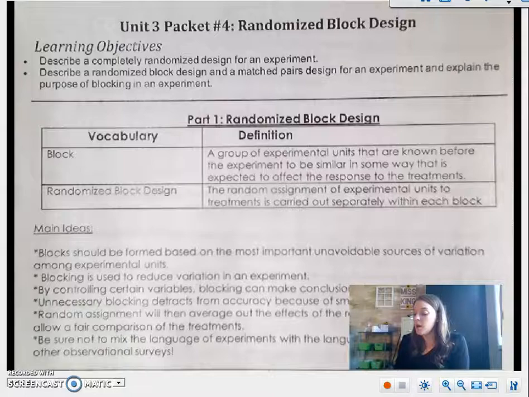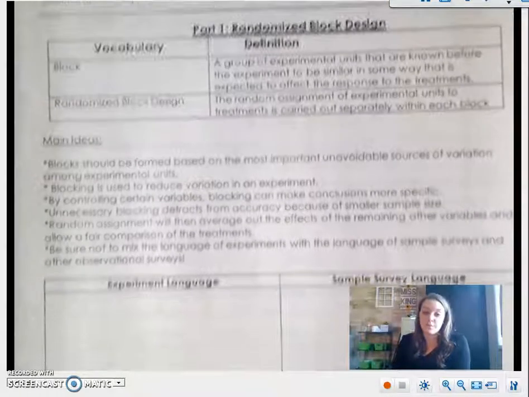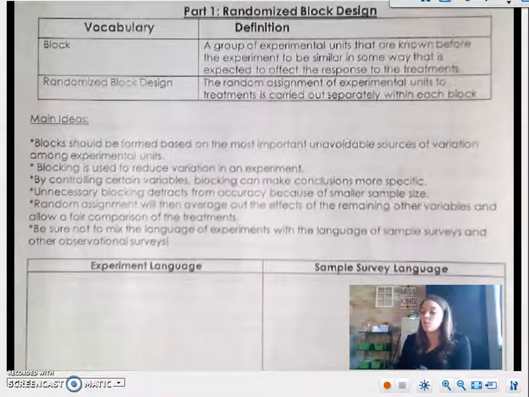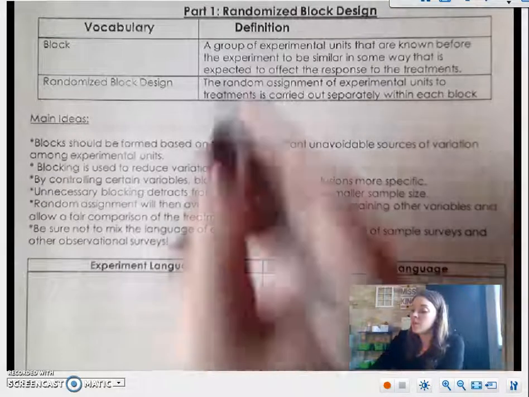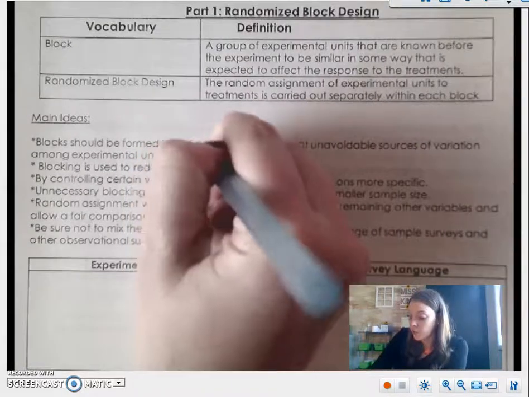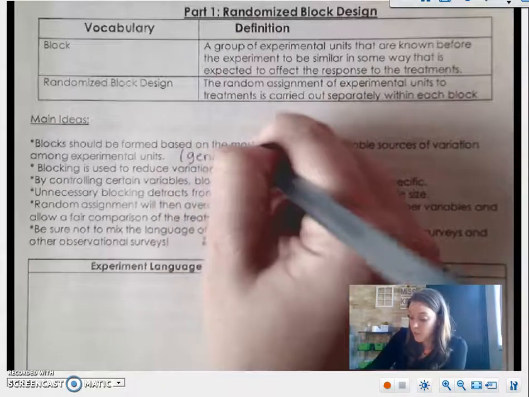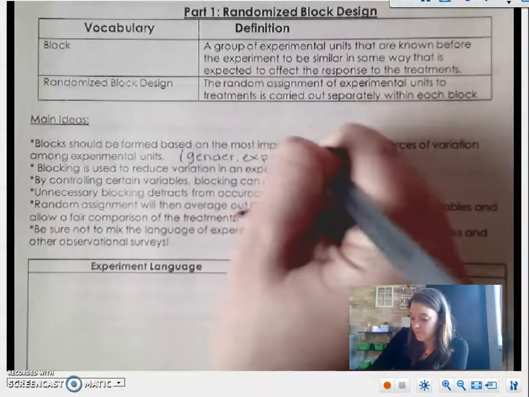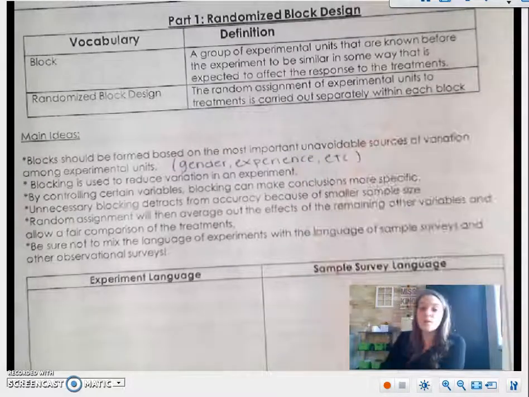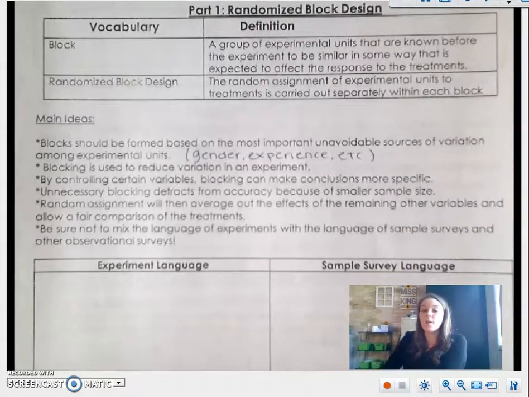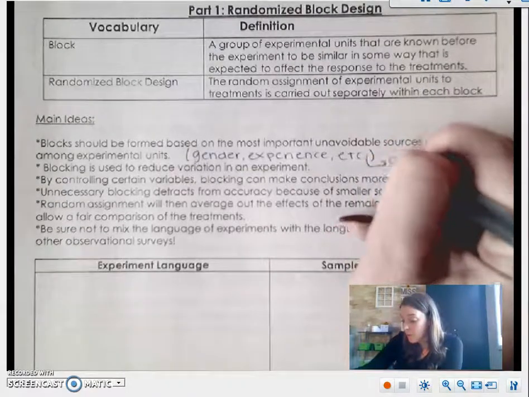So we have several main ideas that we need to discuss when talking about randomized block design. So number one is blocks should be formed based on the most important, unavoidable sources of variation among experimental units. So frequently this might be gender, experience, etc. So if you're doing an experiment, you might separate age, might be one.